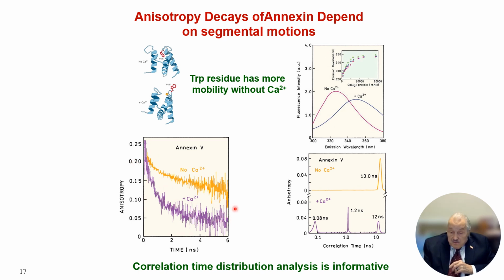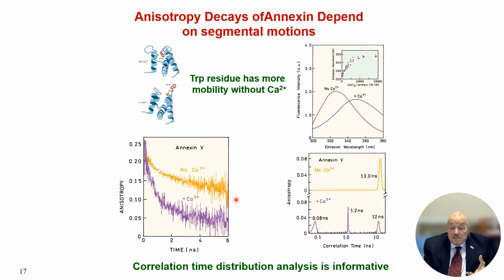One of the reasons I chose this example is because there's a completely different way of looking at the correlation times, just like there was with lifetimes. Instead of looking at discrete values, here's 50 picoseconds and 5 nanoseconds, you can actually do the correlation time distribution.